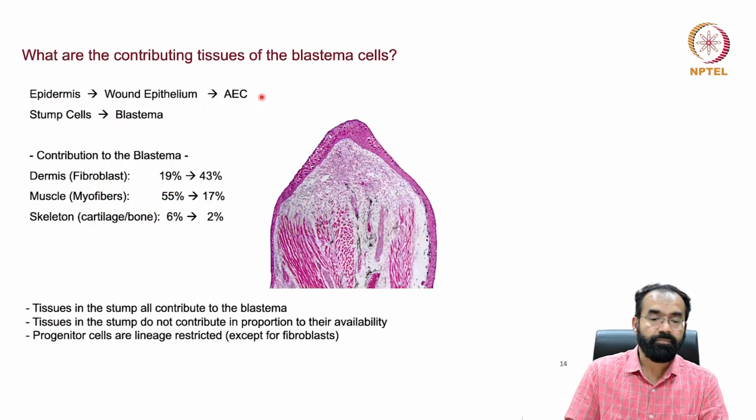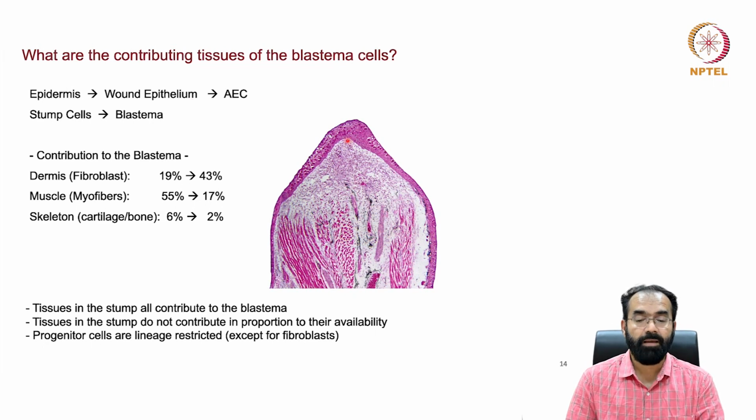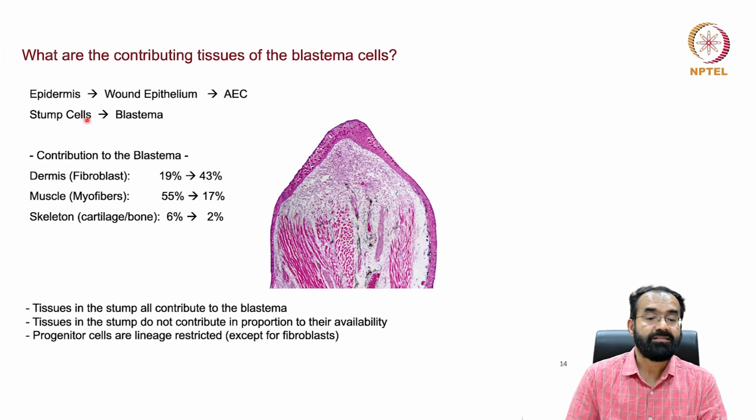So what are the contributing tissues of the blastema cells? Epidermis gives rise to wound epithelium, which gives rise to the apical ectodermal cap. Stump cells give rise to blastema. And for the contribution to blastema, if there are 1000 cells in the blastema, dermis fibroblasts are around 19 to 43%.